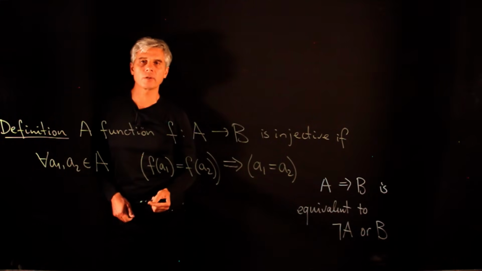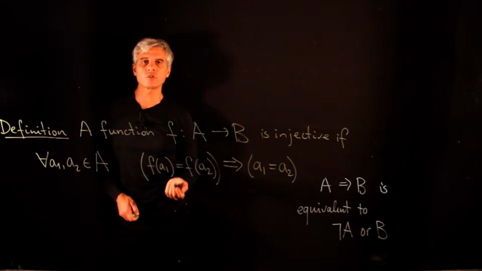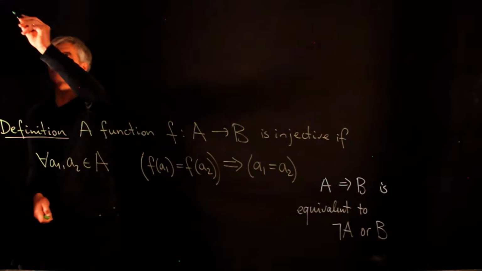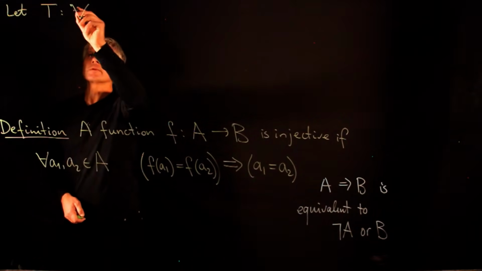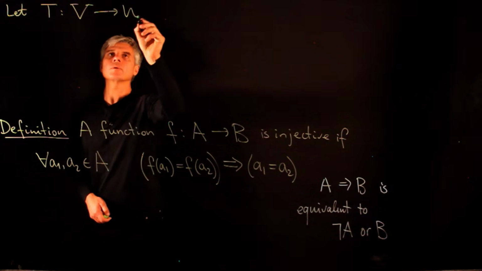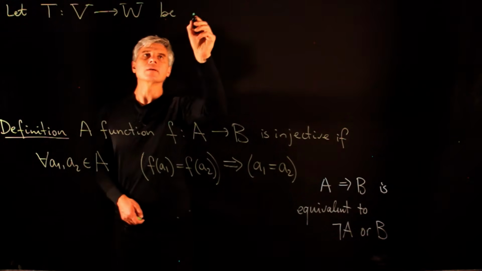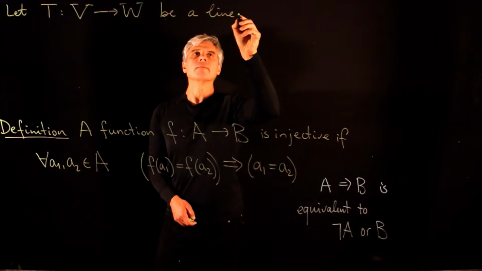Now let us talk about surjective and injective linear transformation. So let T be acting from V to W, so be a linear transformation.